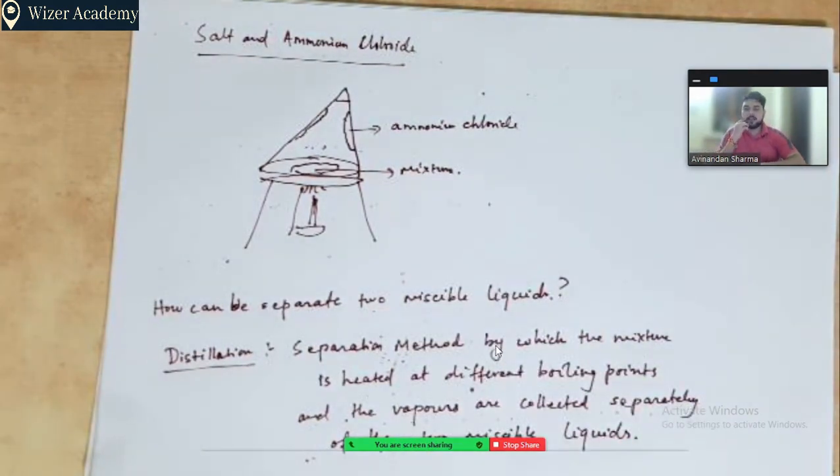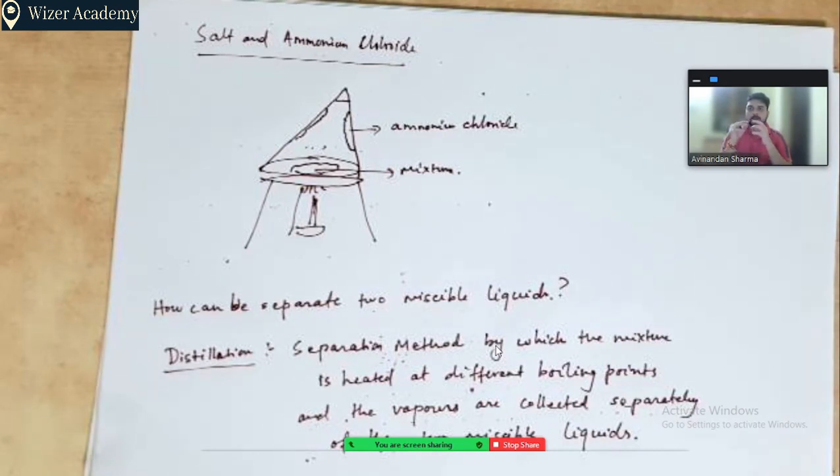What exactly happens is, in distillation the mixture is heated to a particular temperature, and depending upon the boiling temperature of one liquid, that liquid will change its state to vapor, and that vapor is again collected and separated.